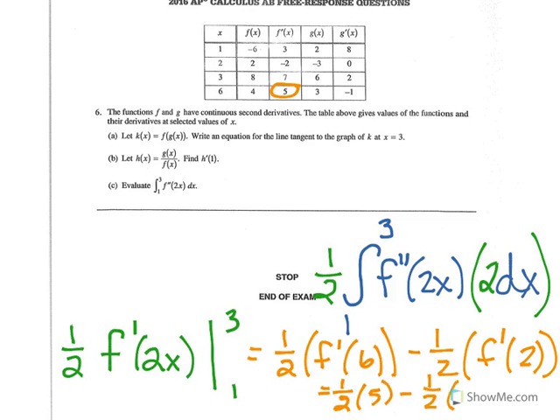One-half f prime of 2 is negative 2. You could leave it just like that. It'd be just fine, or you could solve it out if you wanted to. I'm going to leave it just like that. Okay, there's our 3 videos. Good luck tonight.